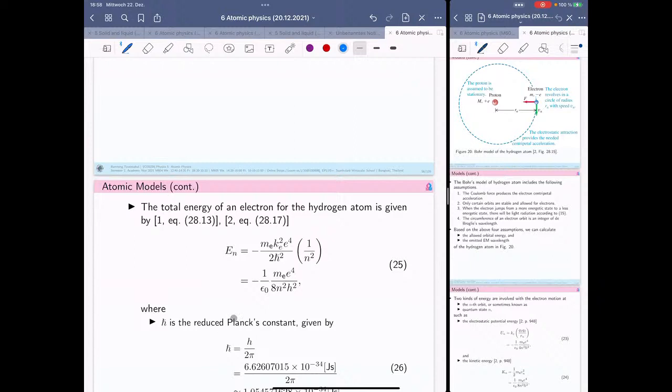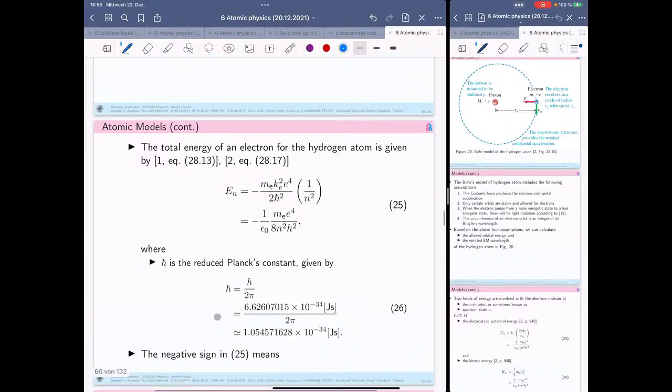And now we have a new variable, which is h-bar. h-bar is the reduced Planck constant, a circular version of the Planck constant.